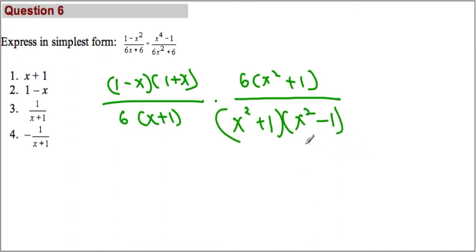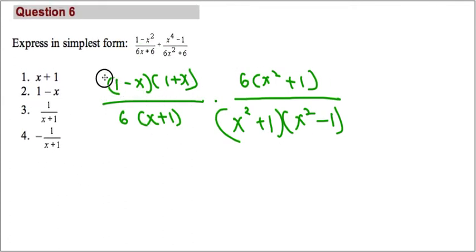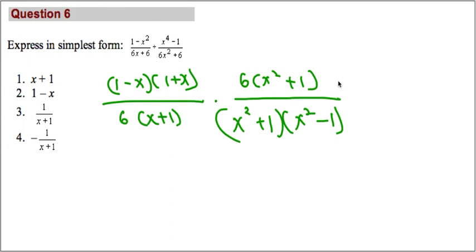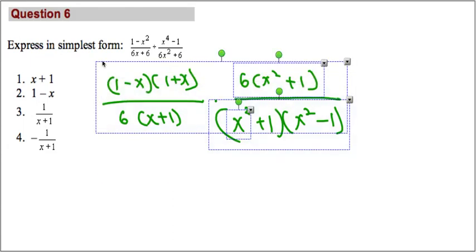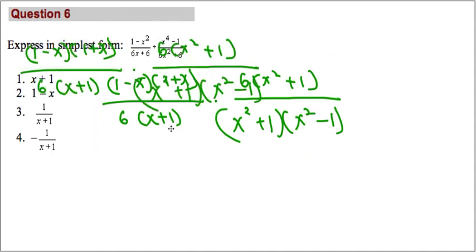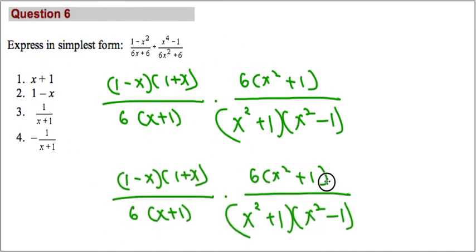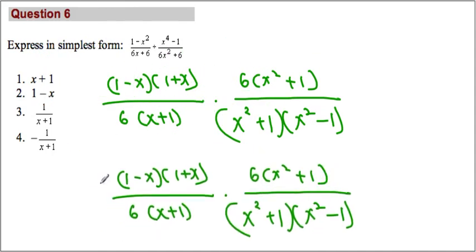Now, here we realize that if I were to write this one more time, then I'm just going to erase this portion right over here, because this can be factored further into x minus 1 and x plus 1.